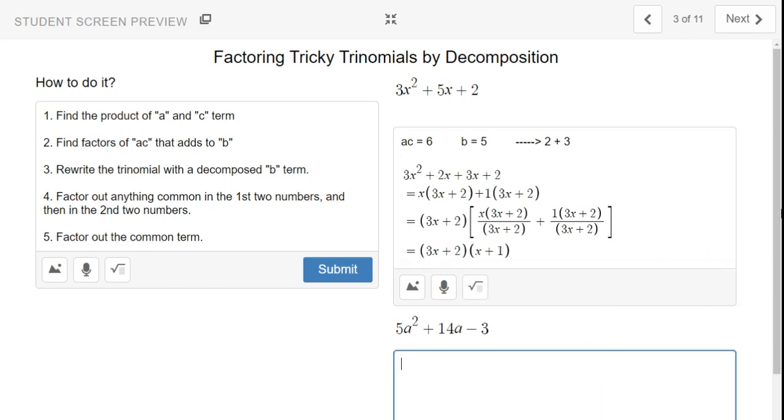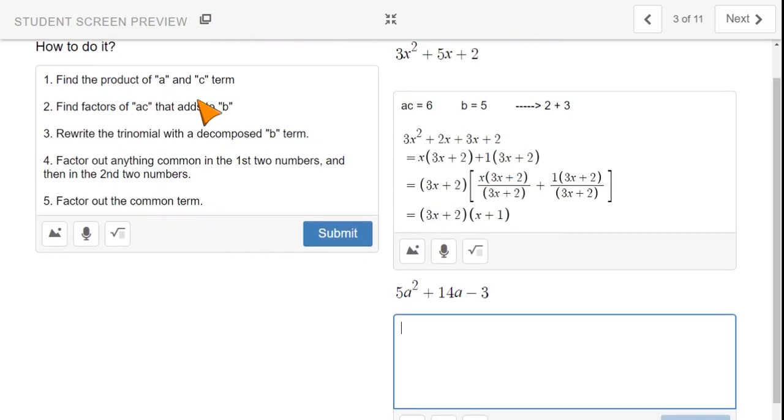Let's do another question following our steps. So the product of A and C, 5 times negative 3, gives us negative 15. The B term is 14, and we know that we need two factors of AC that will add to the B term.